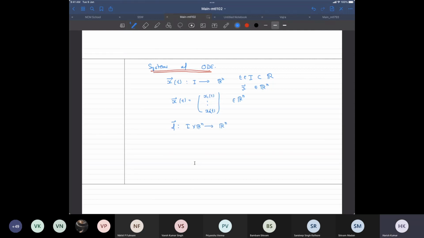So what will be f? F will be basically a function of scalar t and vector x. And of course it will have n components, so each will be a function of t and vector x.